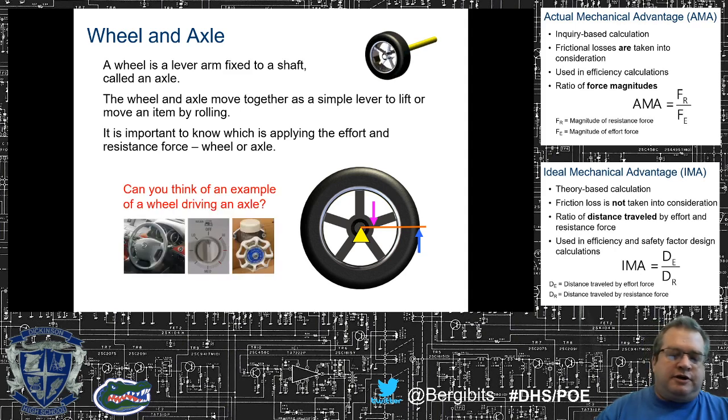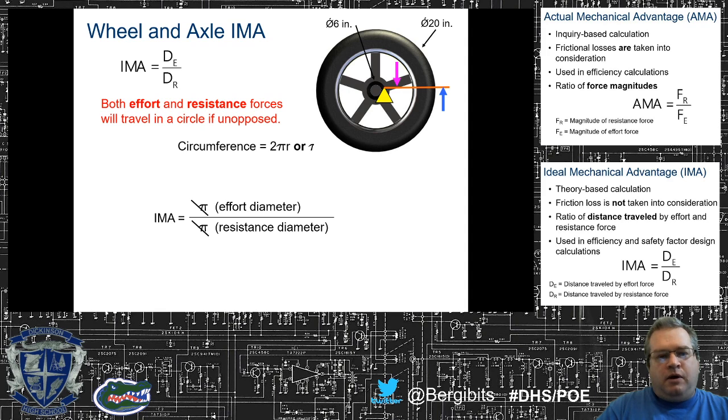All right, so here's an example. I know I went a little too fast. These are wheels driving axles. All right, wheel and axle IMA. Okay, both effort and resistance forces will travel in a circle if unopposed.